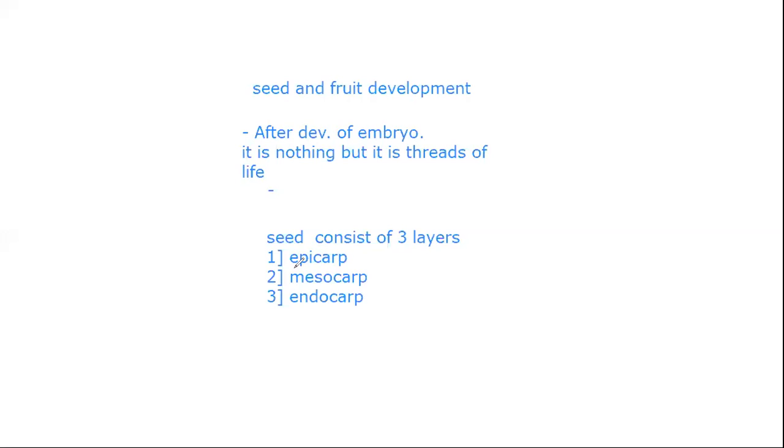So what is the epicarp? The epicarp is the outermost layer of the seed. The second type is the mesocarp. Mesocarp means the middle layer of the seed.